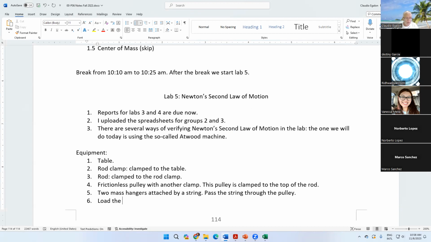Load the mass hangers with mass slots, load both mass hangers.